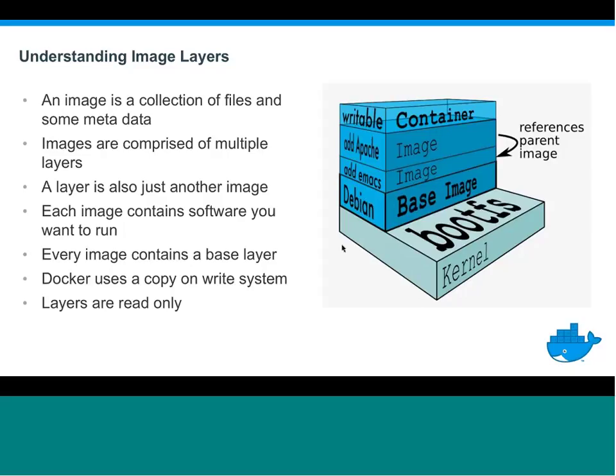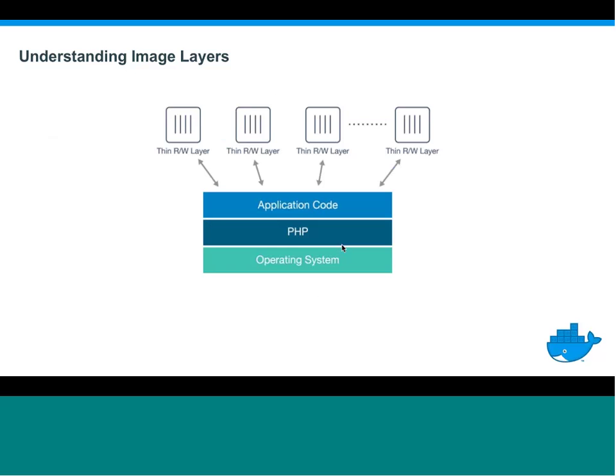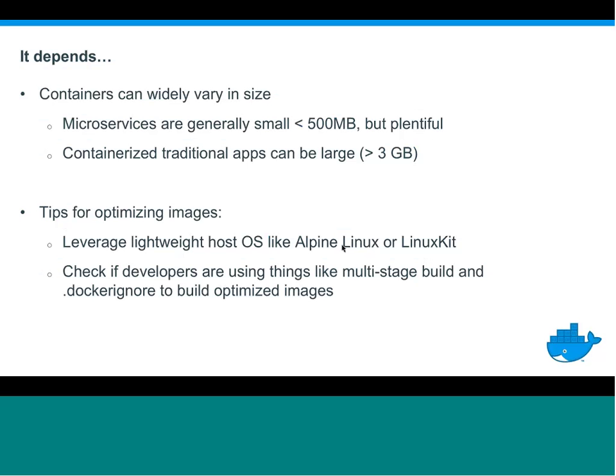So the key here is to use a minimalist OS that only gives you the pieces you need. By only leveraging the pieces you need, you can cut out some of the fat in the operating system and save a lot of space both in your image size and your container runtime. And so this is a general recommendation for optimizing the size of your containers.